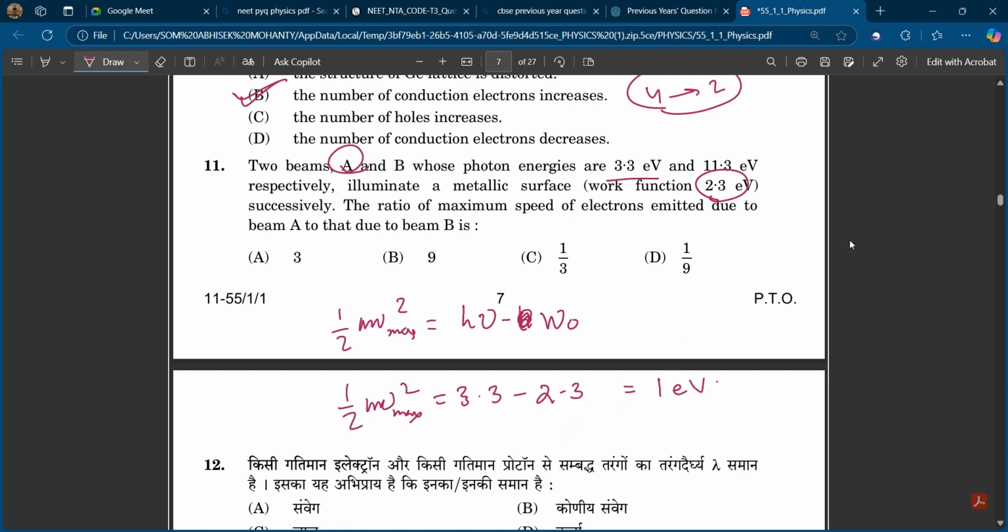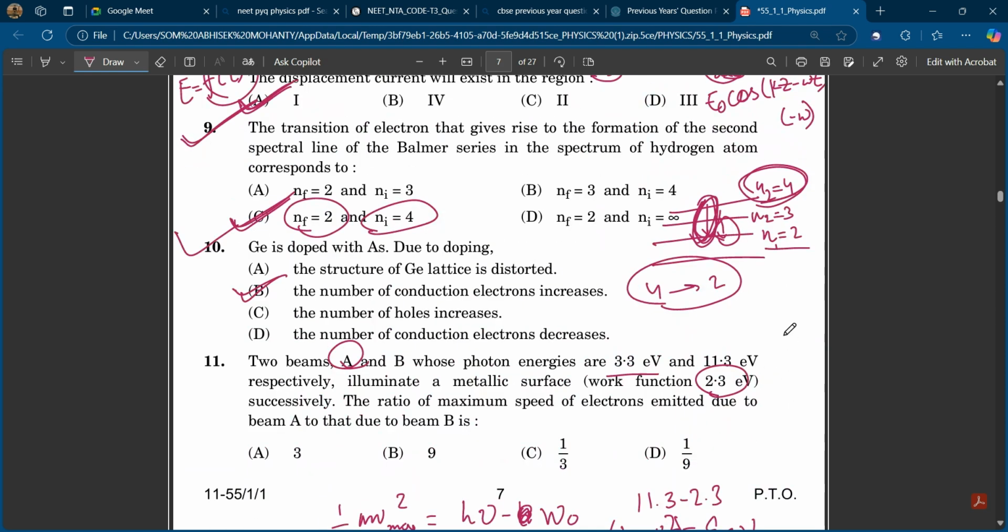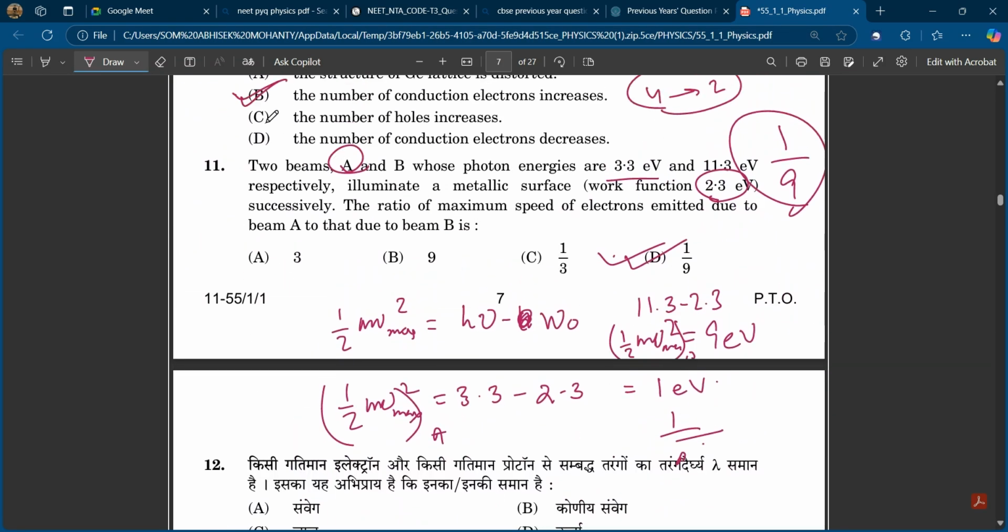For B, it is 11.3 minus 2.3, which is 9 electron volt, so half m v max square for B is equal to 9 electron volt. Taking the ratio, v max square A divided by v max square B will be 1 by 9, because the masses cancel out. The answer will be option D. Very easy question again, just a simple application of Einstein's photoelectric equation.